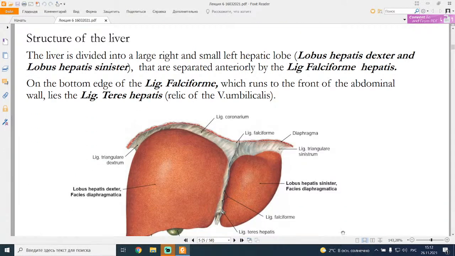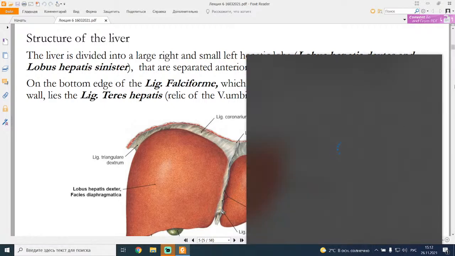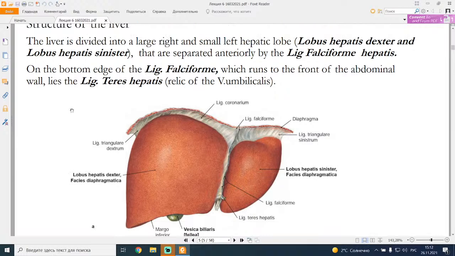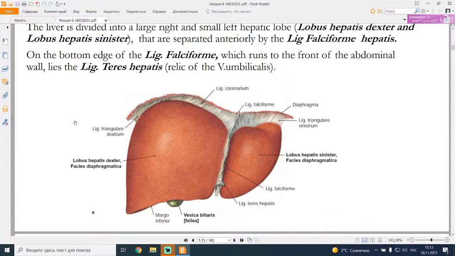Structure of the liver. The liver is divided into a large right and small left hepatic lobe, lobus hepatis dexter and lobus hepatis sinister, that are separated anteriorly by the ligamentum falciforme hepatis.